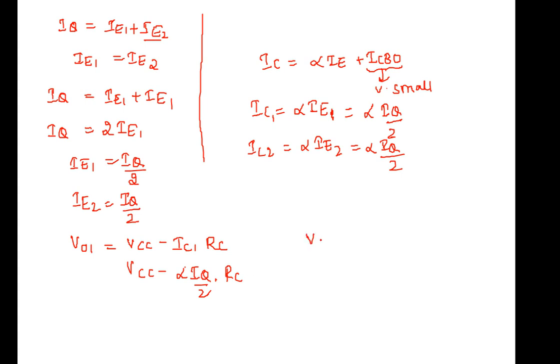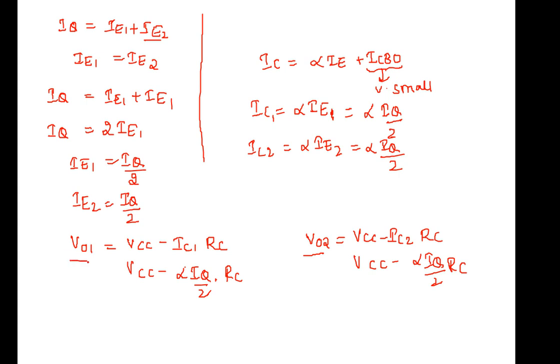Similarly, V02 equals VCC minus IC2 into RC. Substitute the IC2 value, so VCC minus alpha into IQ by 2 into RC. So whenever we are applying the two same signals, we get the V01 value equal to the V02 value.